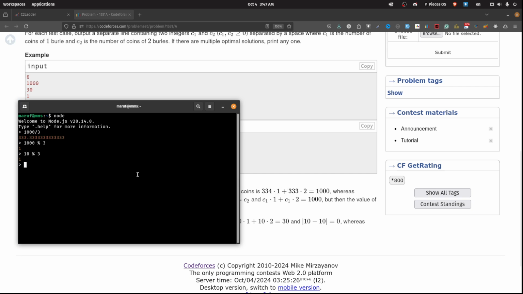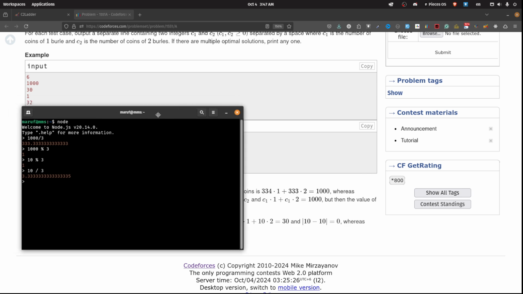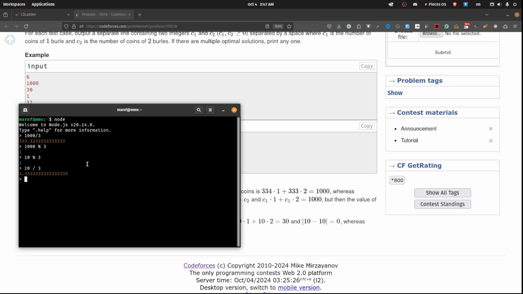So this is the C1, and if I divide 10 by 3, I also get 3. Okay, 10 divided by 3.